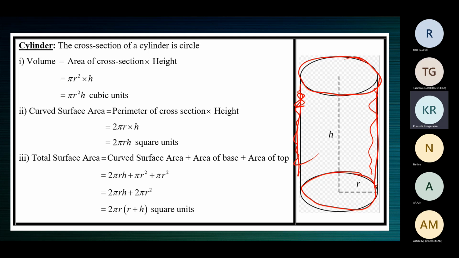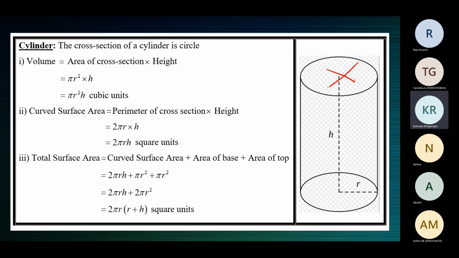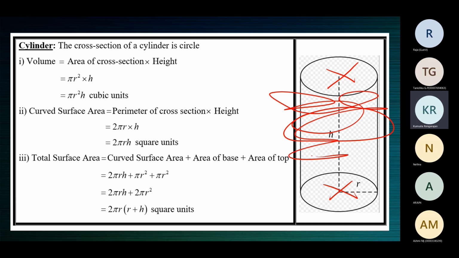The curved surface area does not include the area of the circle on the top and the area of the circle at the bottom. So not this, not this. The rest of it is CSA. Don't take the circle on the top, don't take the circle at the bottom. All this is the curved surface area.